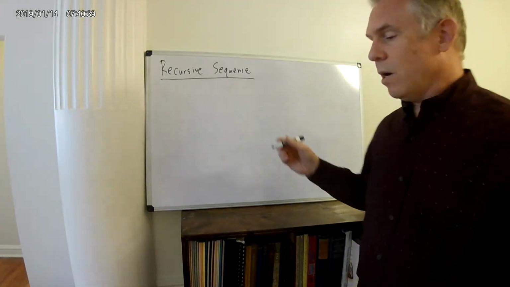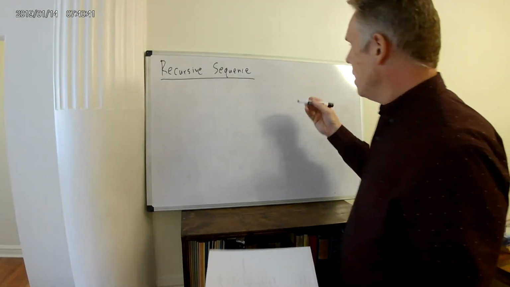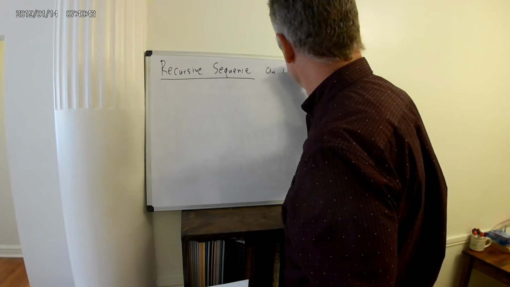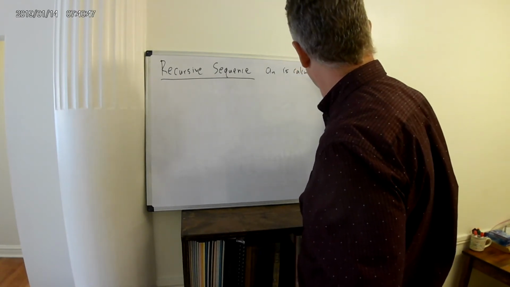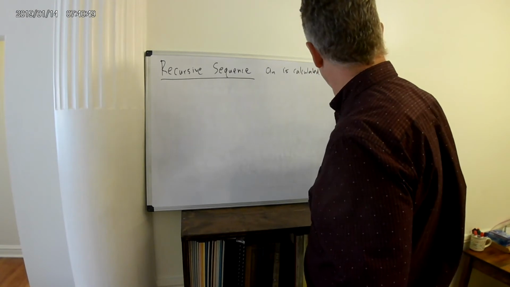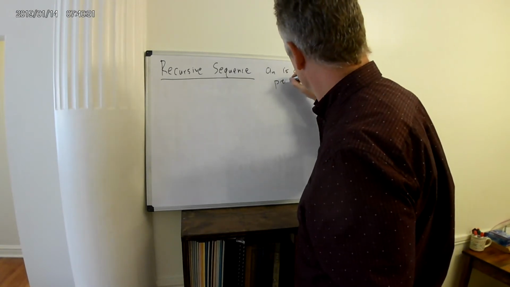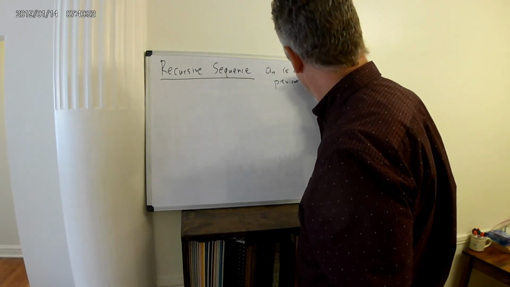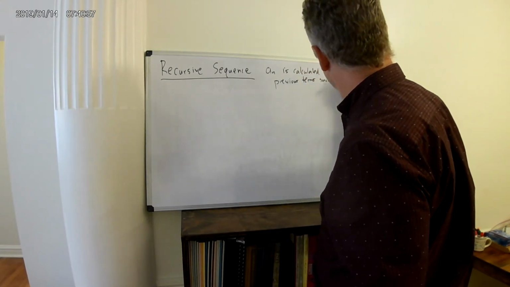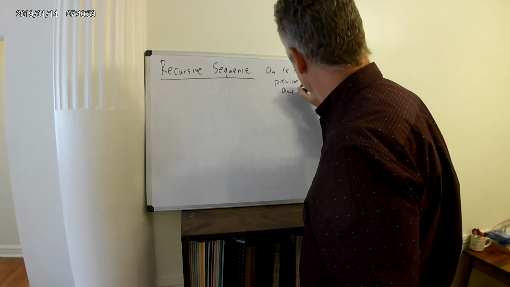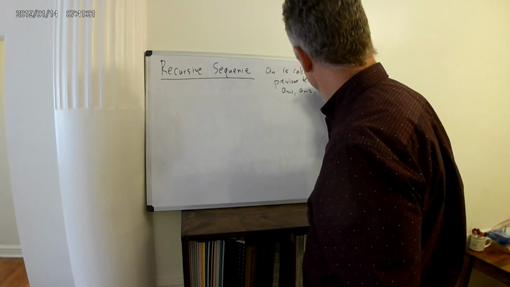It's a sequence where the nth term of your sequence, a sub n, is calculated based on previous terms, such as a sub n minus 1, a sub n minus 2, and so on.